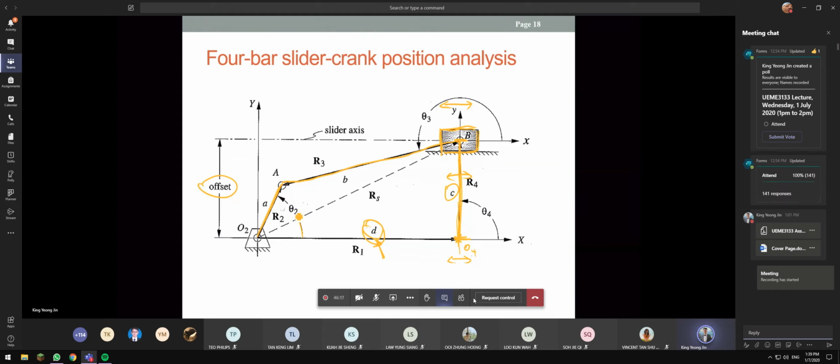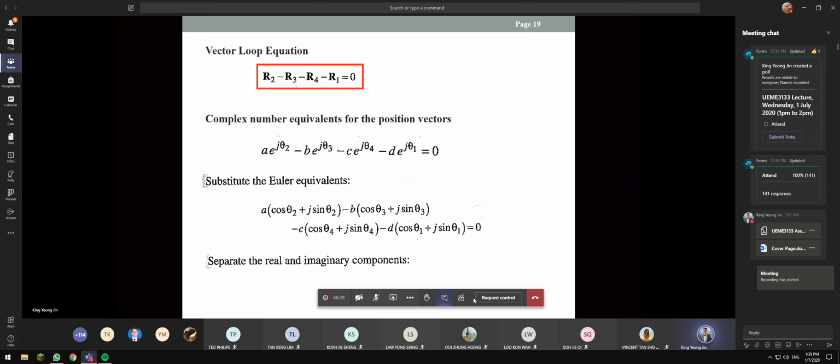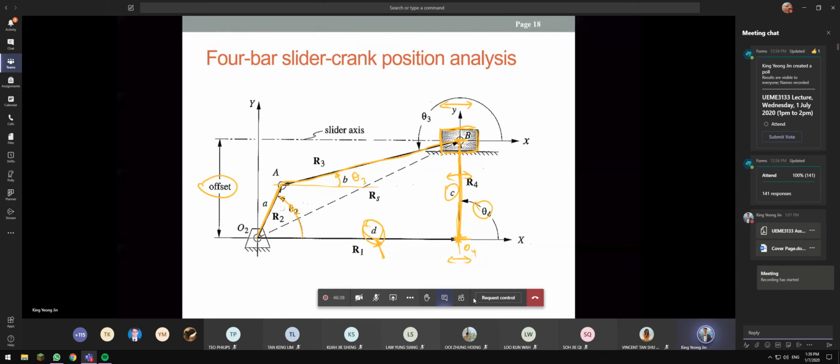So again, the angle θ2 is measured from here. And then θ3 is again measured from here. So this is the θ4. So for the vector loop equations, let me create, depending on how you can define it.